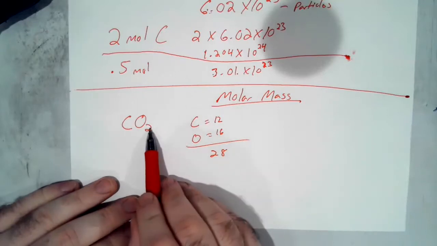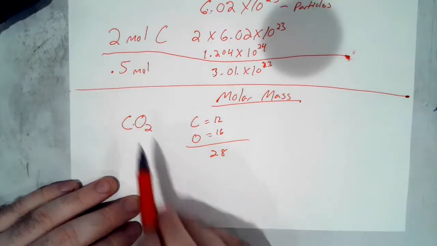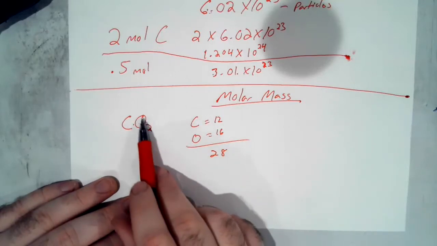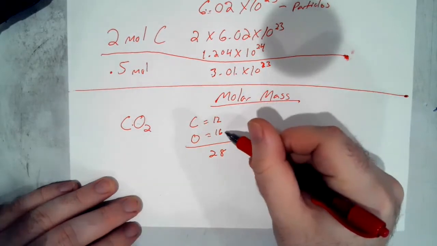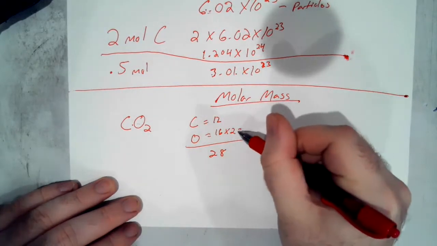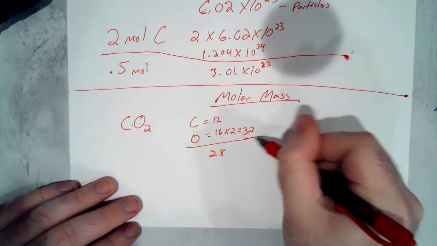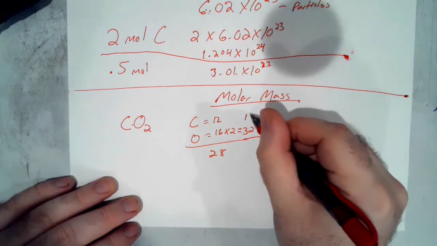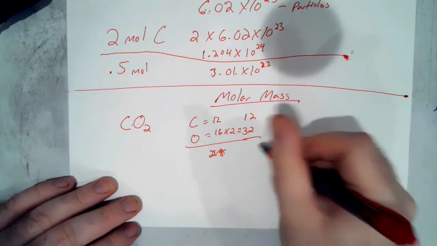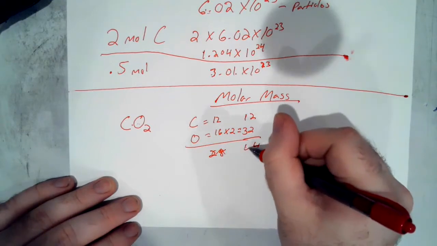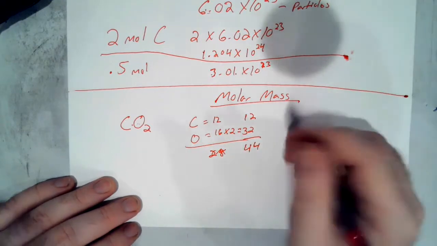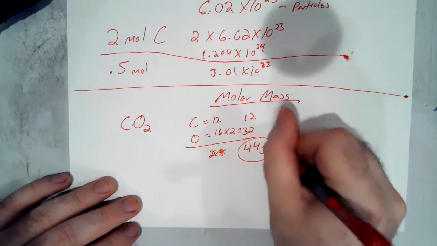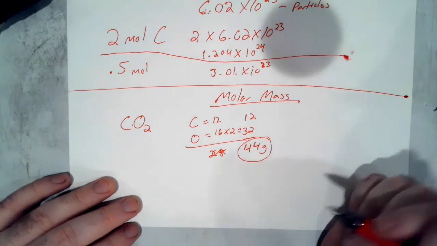Because this 2 applies directly to the oxygen, which means that there are 2 oxygens, which would mean there's actually 32 in terms of mass. So 12 plus 32 is 44. So your answer would be 44 grams.